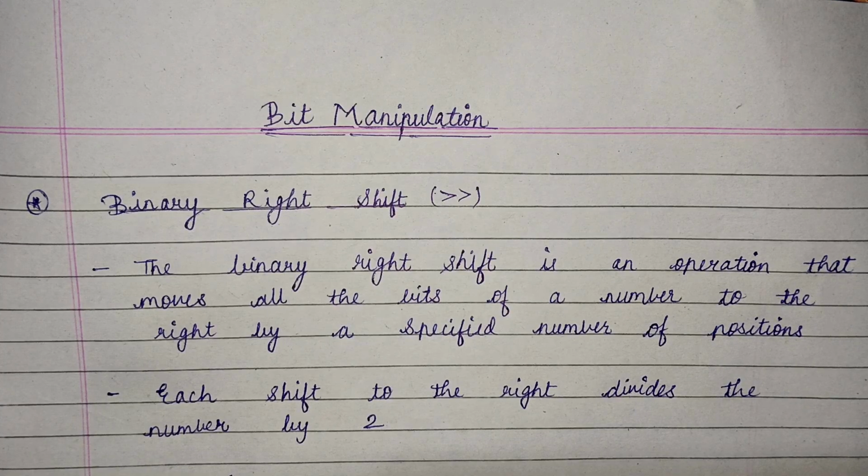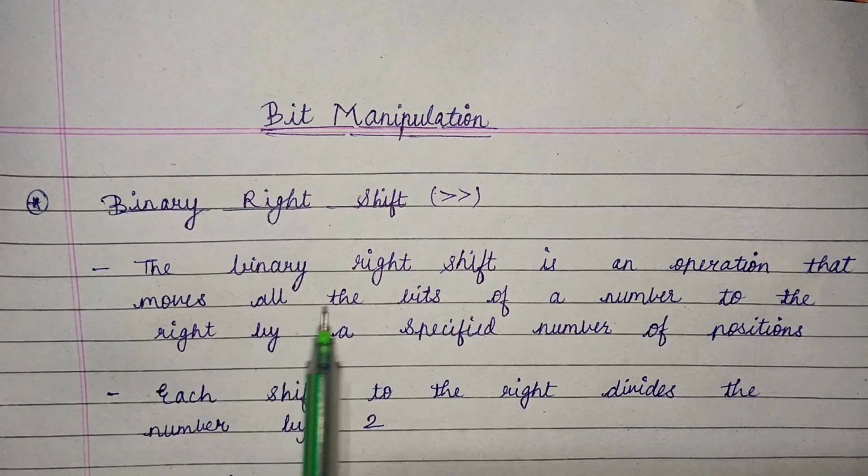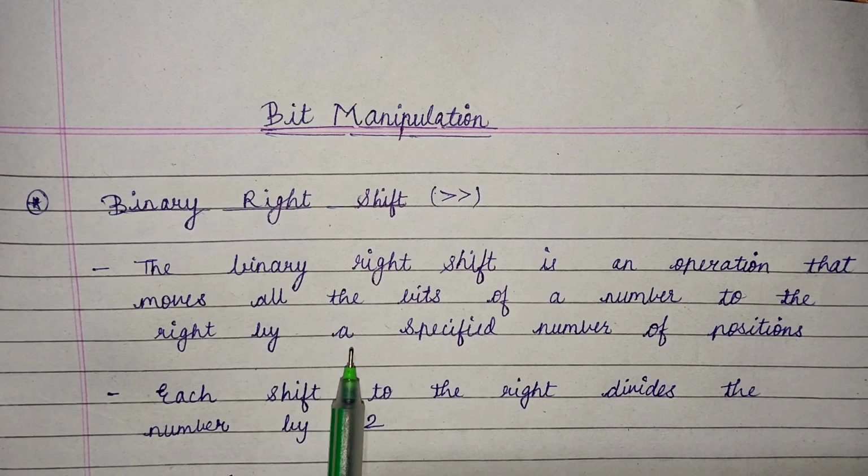In this video we are going to see what is binary right shift. So the binary right shift is an operator that moves all the bits of a number to the right by a specified number of positions. Basically, it moves the bits to the right hand side by the number that we have specified.